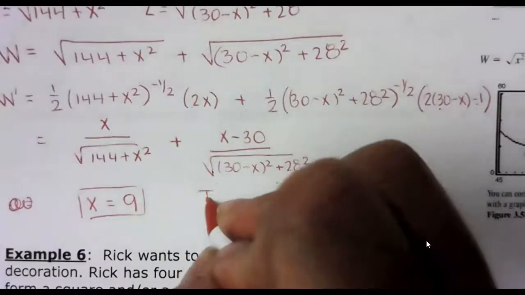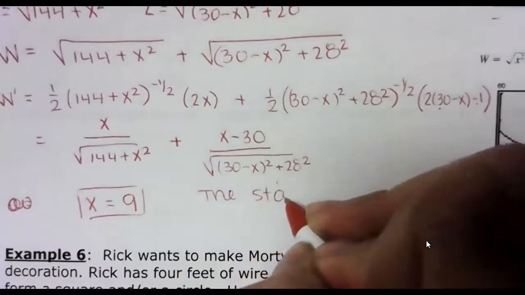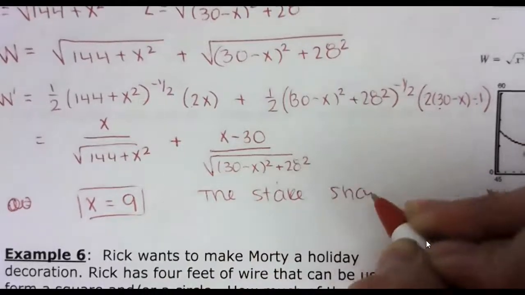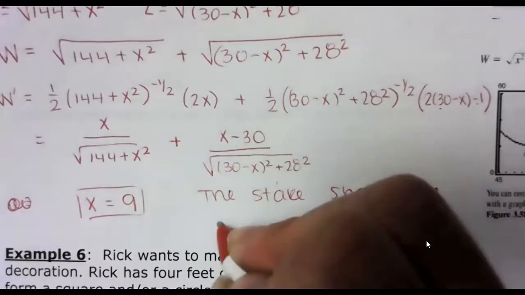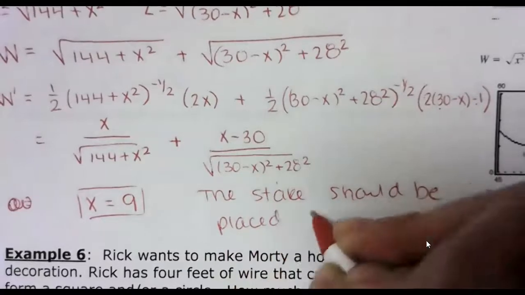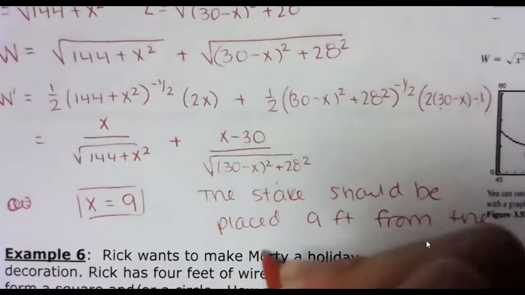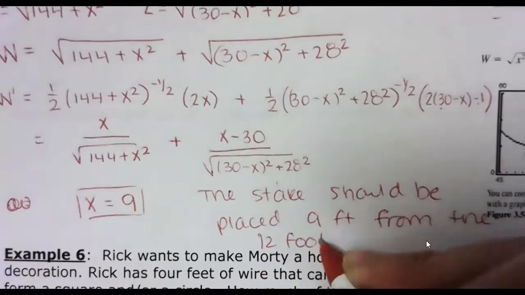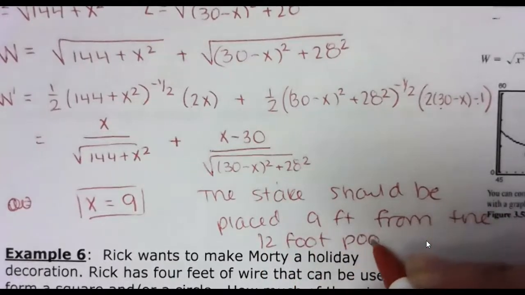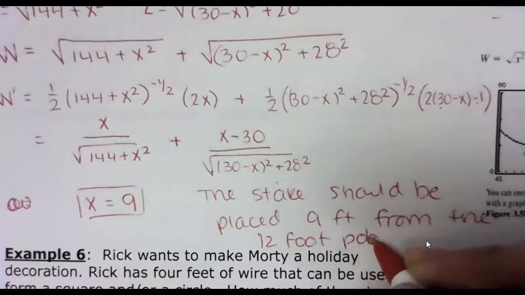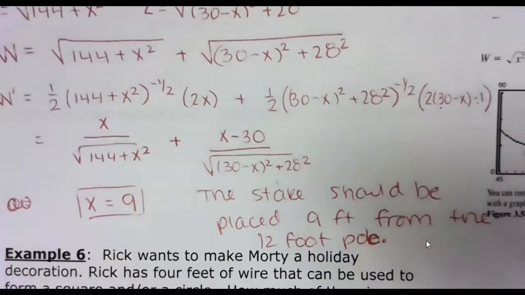So as a sentence, it would be the stake should be placed 9 feet from the 12-foot pole. That will minimize the amount of wire.